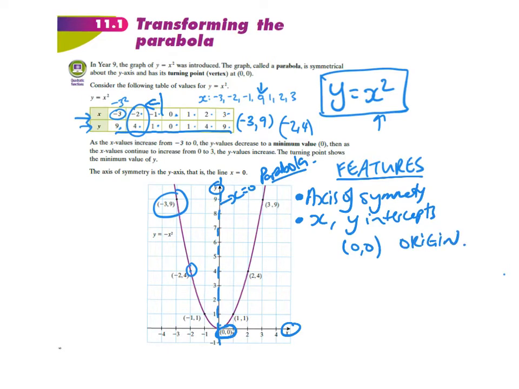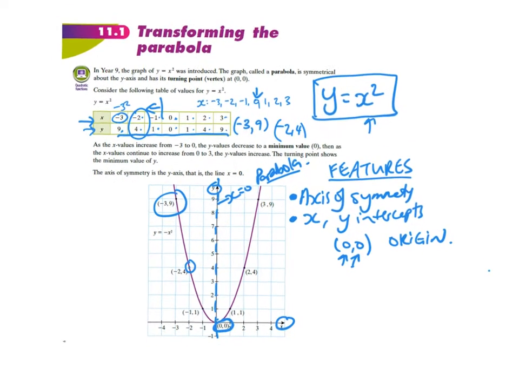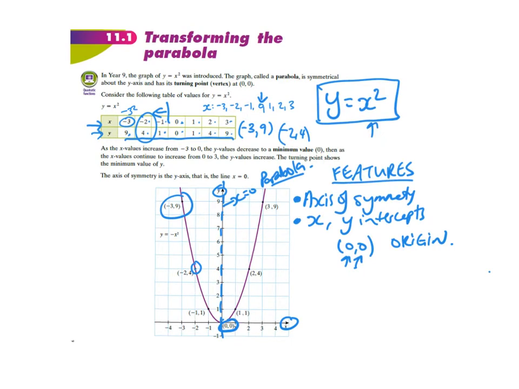And so that is both the x and the y intercept, and that's it for this particular graph, but that's a feature. The other thing you might just take notice of is this one is positive, so the parabola is this way facing, as opposed to upside down. So this one's right way up for y equals x squared.